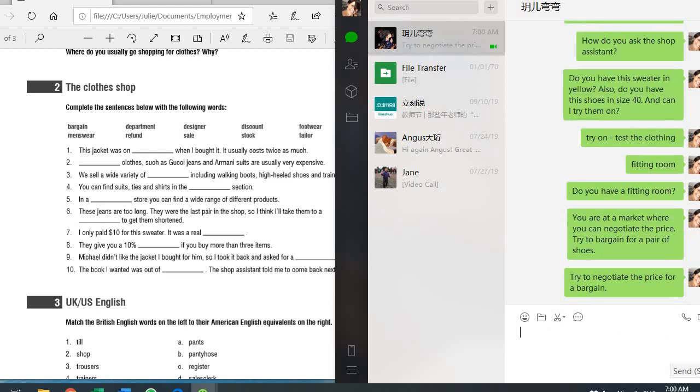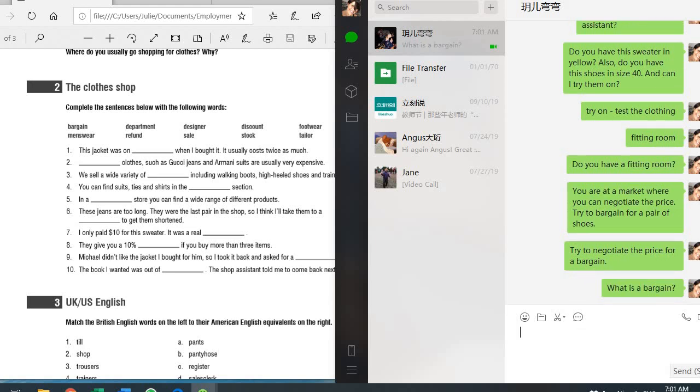So again, what does it mean to be a bargain? A bargain is to make the price become low. Perfect, exactly. So something is a bargain when it's a good, usually low price for something good.